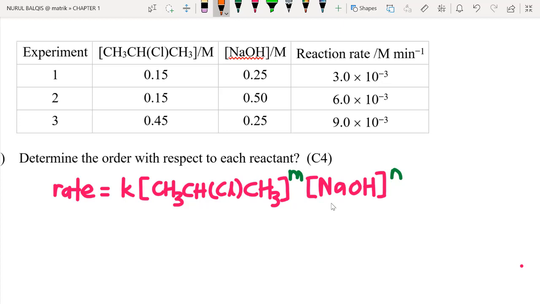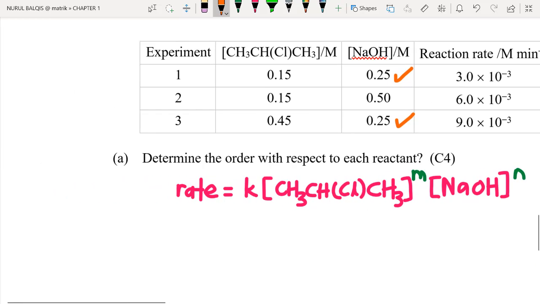If we check the table, we can see the first experiment and also the third experiment have a constant value of sodium hydroxide. So we can compare these two experiments, and usually we put the bigger value on the upper part, which is the numerator, and the lower value as the denominator.